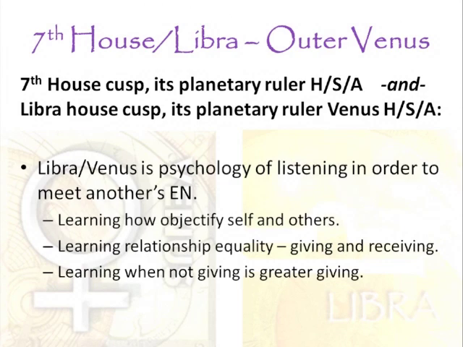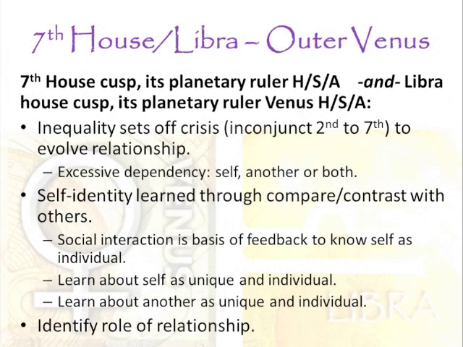But what can be exposed is, again, all of those inequalities in that relationship with someone outside of ourselves. And that sets off that crises, again, that inconjunct 2nd to 7th. And the purpose of that inconjunct is to evolve the relationship.